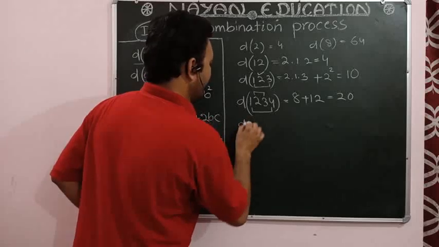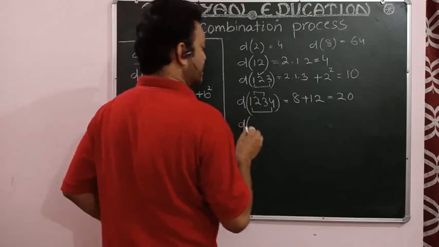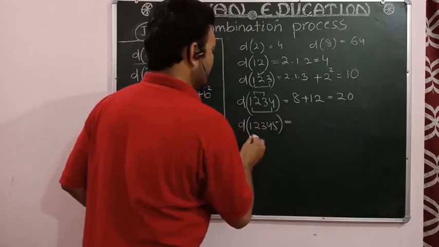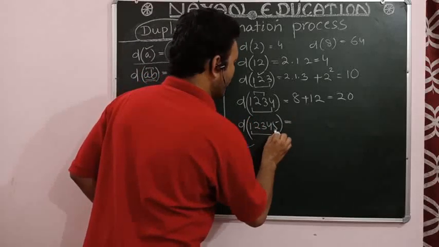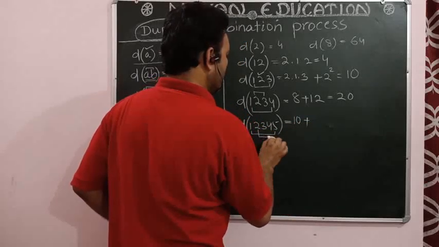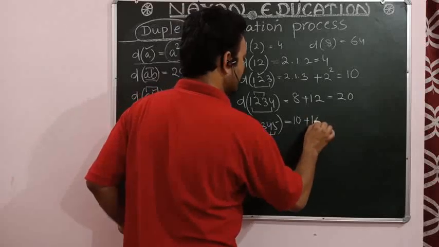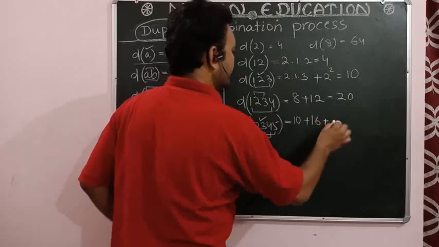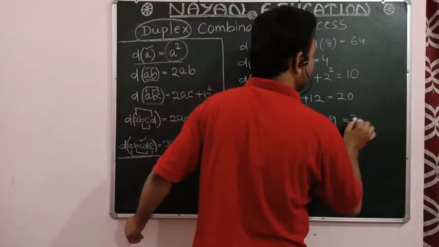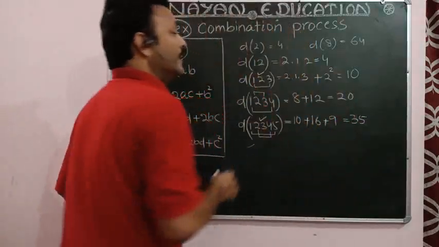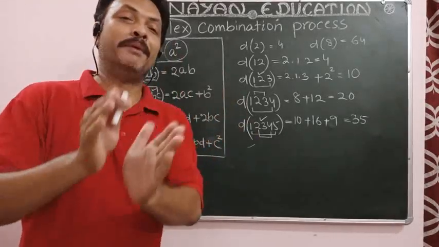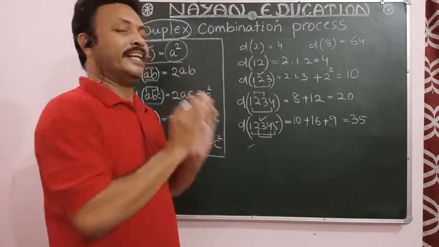Duplex of a 5 digit number, let 1, 2, 3, 4, 5: it would be 2 into 1 into 5, that is 10, plus 2 into 2 into 4, that is 16, plus 3 square, that is 9. So 16 plus 9, 25, 25 plus 10, 35. So this is how you can find the duplex of any digit number, and this is used in order to find the square of any digit number.